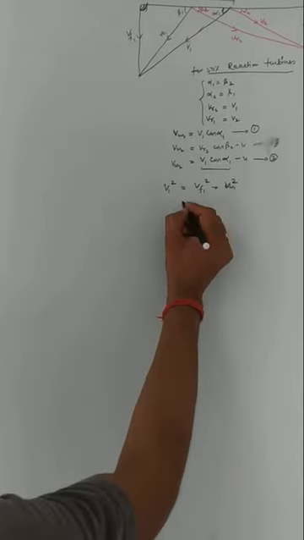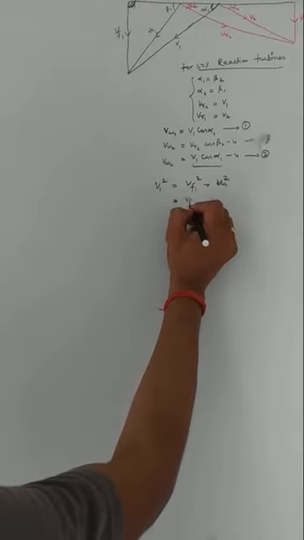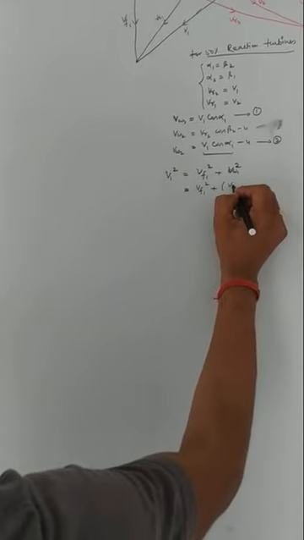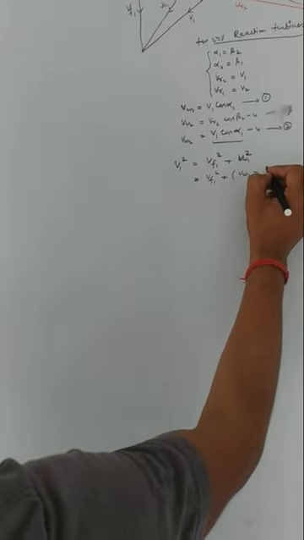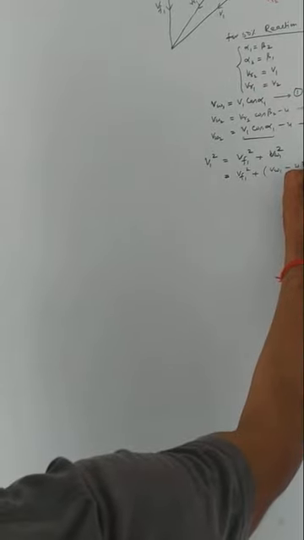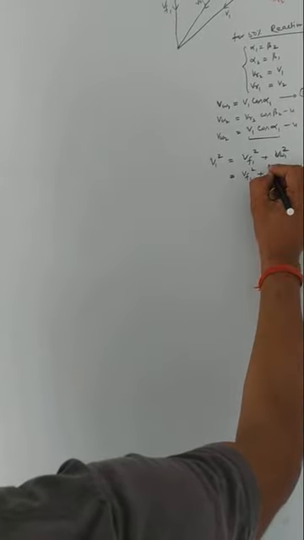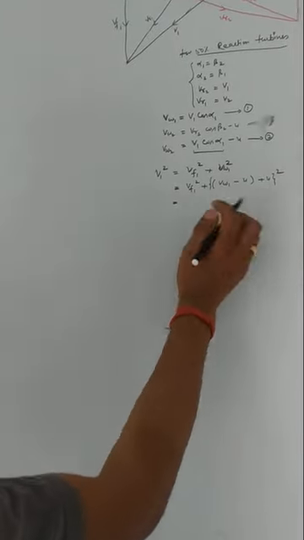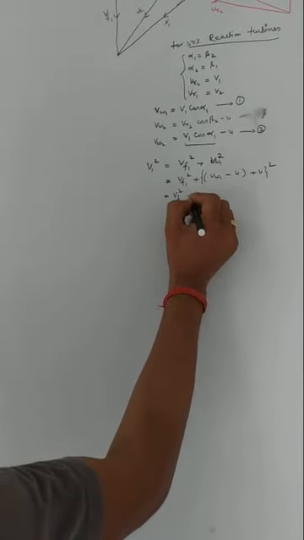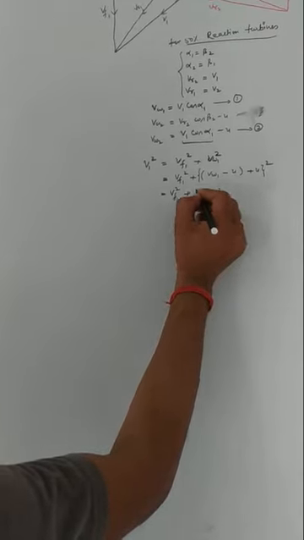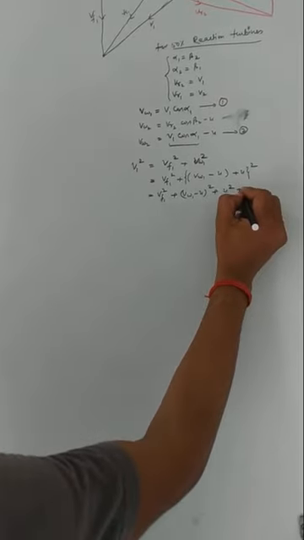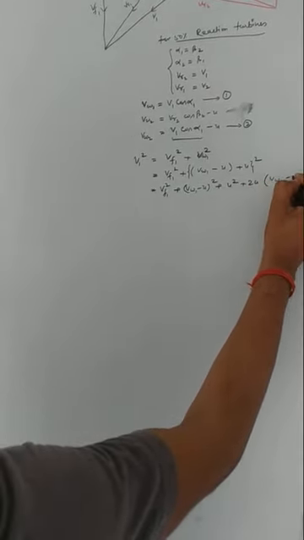So we can write VF1 square plus VW1, where we write VW1 as (VW1 minus U) plus U. Now open this whole square bracket and we get VF1 square plus (VW1 minus U) whole square plus U square plus 2U (VW1 minus U).